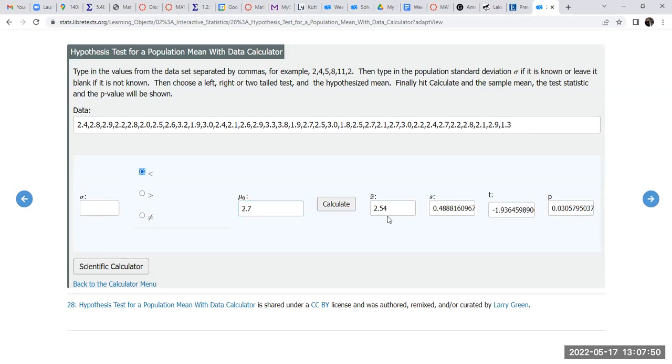Okay. So just a note, we don't know the standard deviation of the population. So this uses the student's t just like we did with confidence intervals. Do you remember that? And it gives you the sample mean and the sample standard deviation. It gives you what is called the test statistic.